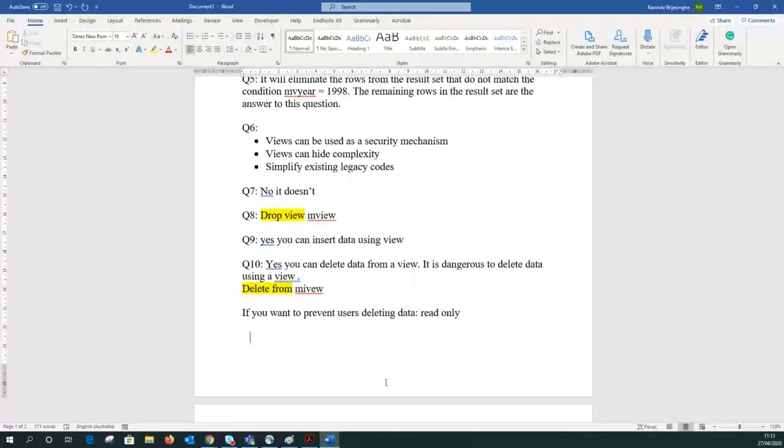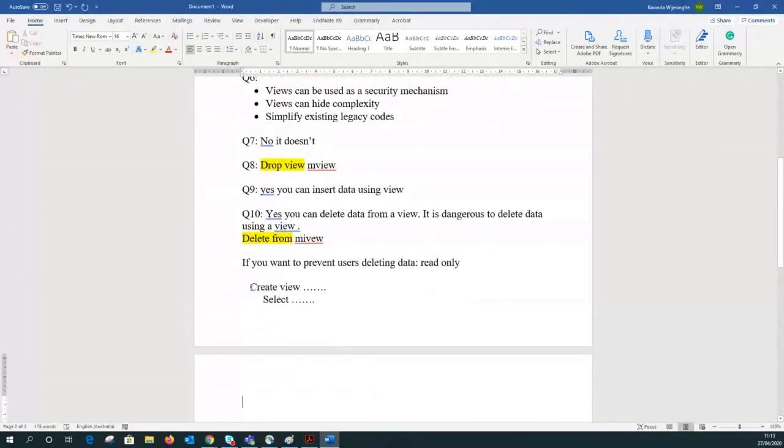First we create a view and give it a name, and then we write the select statement.